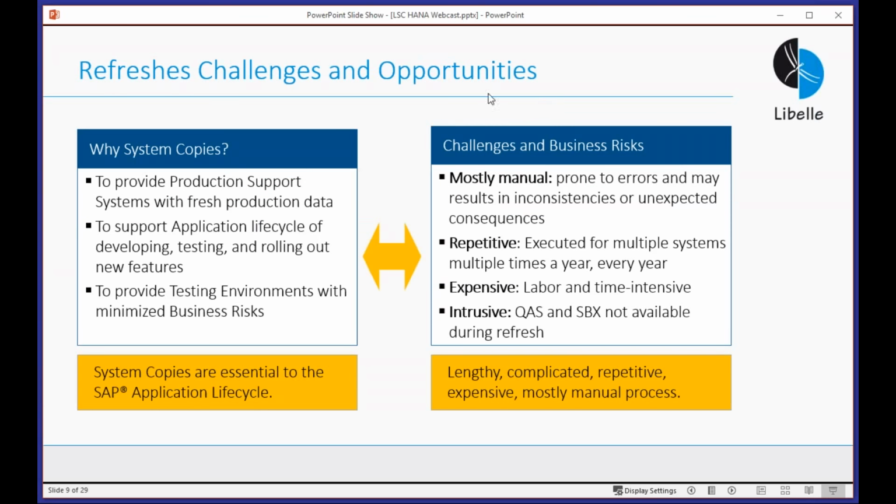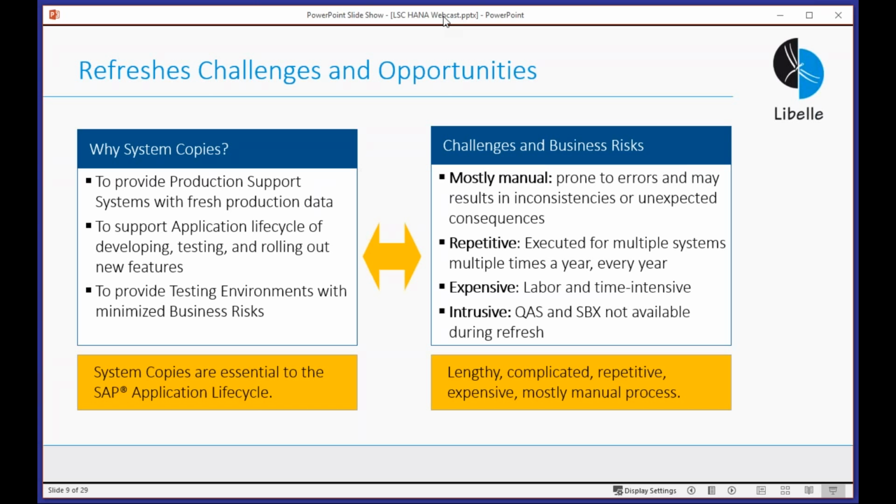The system copy process grew to be fairly complex, very time intensive, and it sometimes takes days. For some customers, it still takes weeks to do the system refresh. It's highly repetitive, it's highly manual, and it's a great way of using automation software to automate the workflow, mainly because the resources who have to do the system copy are very expensive, and they are also in very high demand internally.